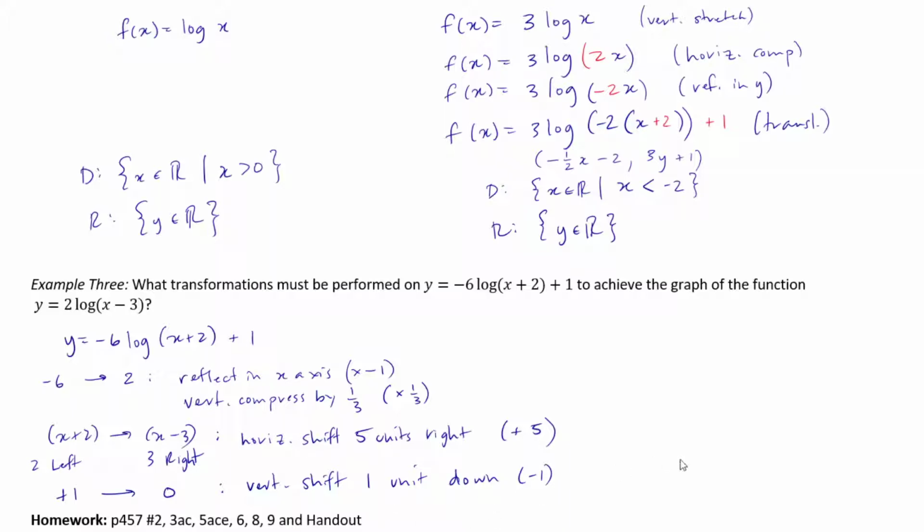Okay, so I'm going to have to subtract a unit there. All right, so effectively, these are all the transformations that I'm going to have to perform on this function in order to get it to go from -6 log(x plus 2) plus 1 to 2 log(x minus 3).